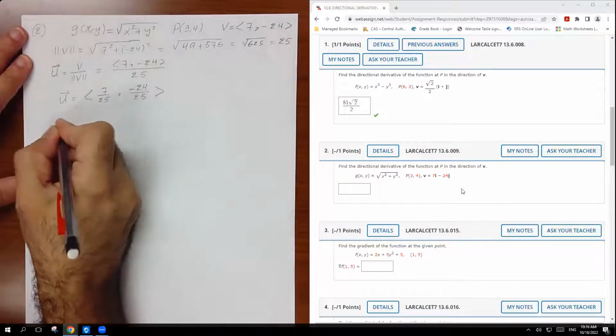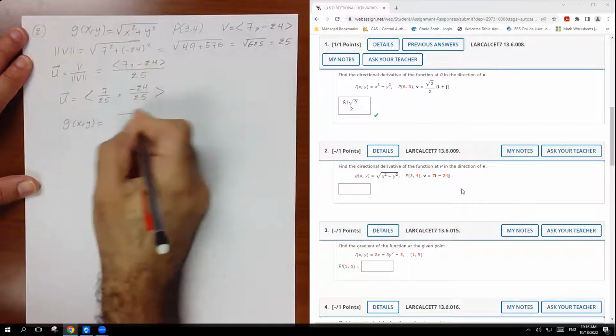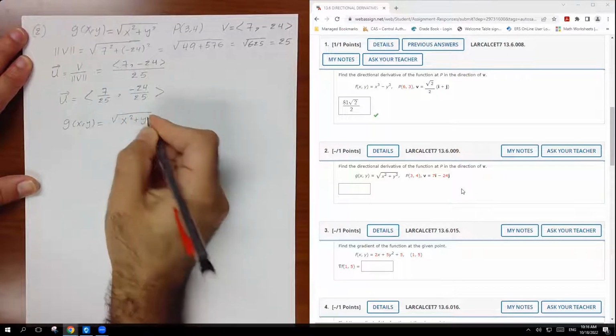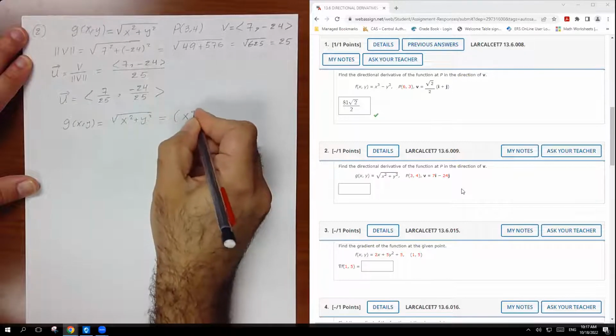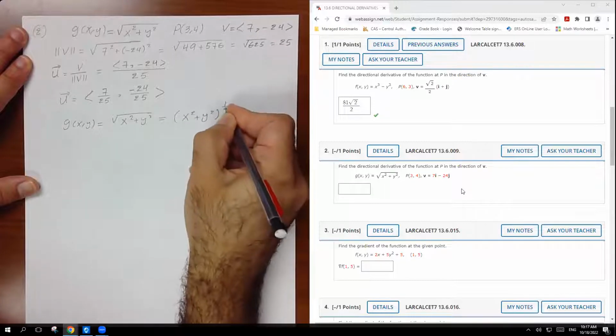Now our function is g of x, y, which is equal to the square root of x squared plus y squared. It's hard to work with this form, so I'm going to convert it to x squared plus y squared to the half.